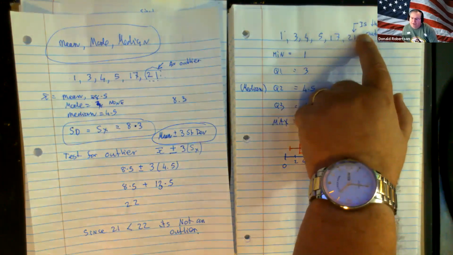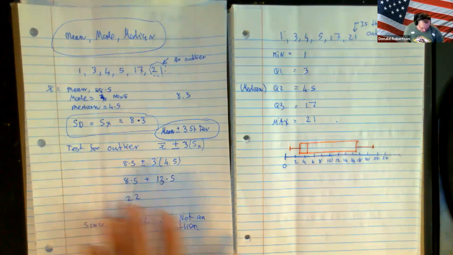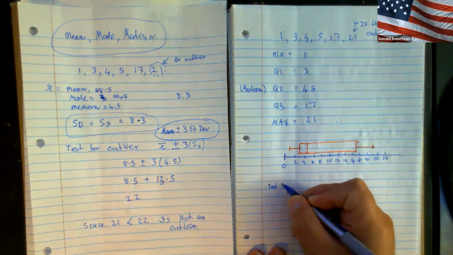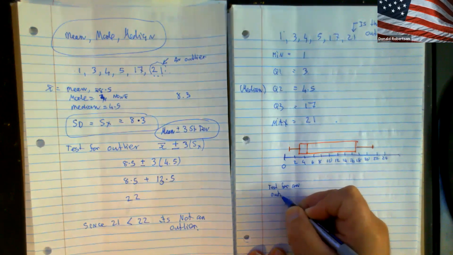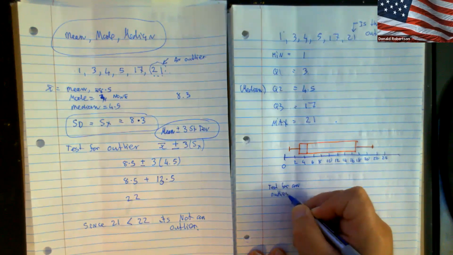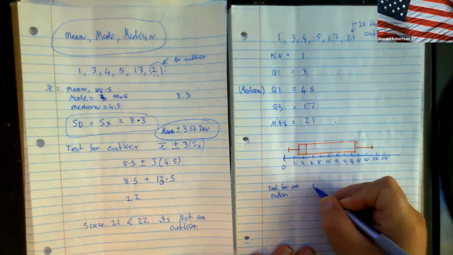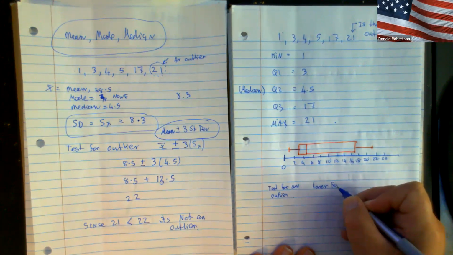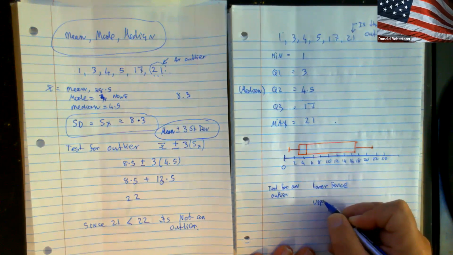There is a different test when you use the 5-figure summary. So here is the test for an outlier using the 5-figure summary. We have two guys called the lower fence and the upper fence.